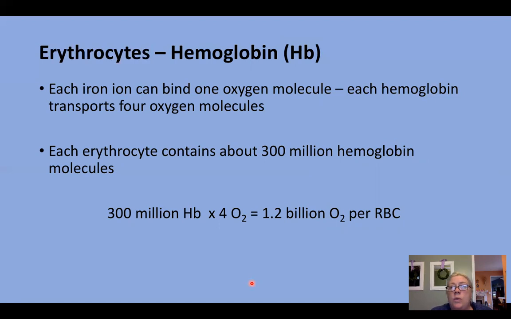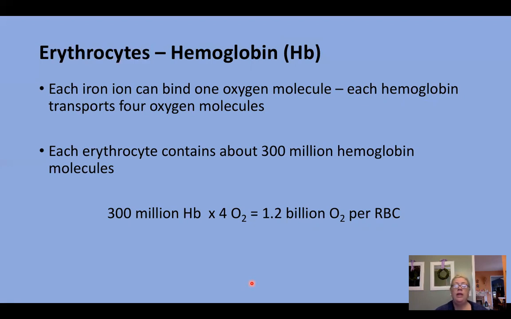Now, there's not just 1 hemoglobin molecule in a red blood cell. These erythrocytes, or red blood cells, are jam-packed with these molecules. In fact, each erythrocyte contains about 300 million hemoglobin molecules per red blood cell.